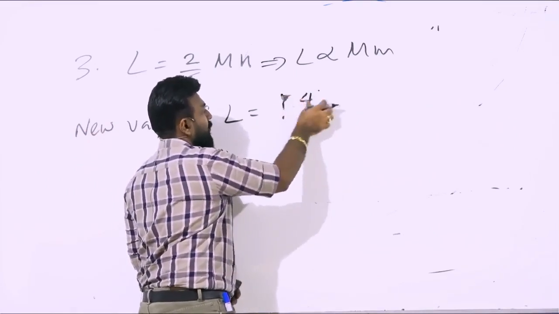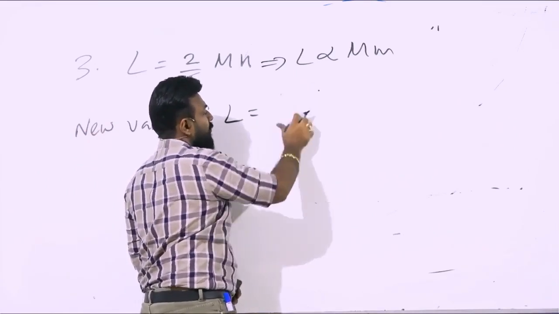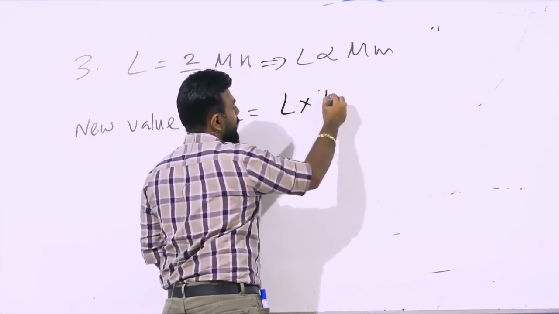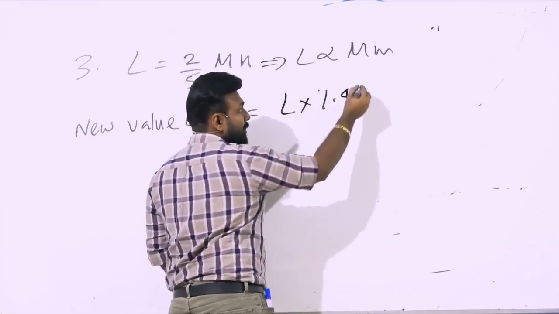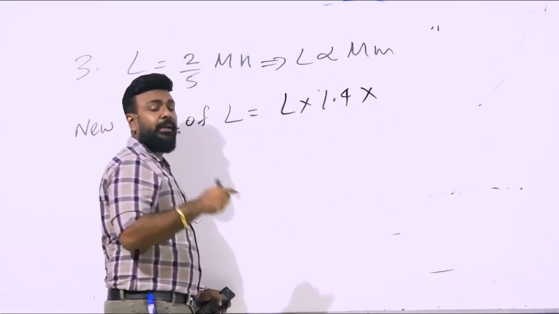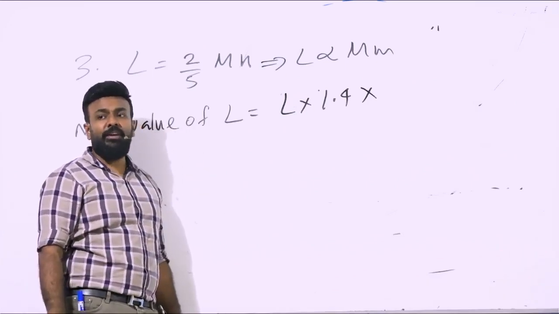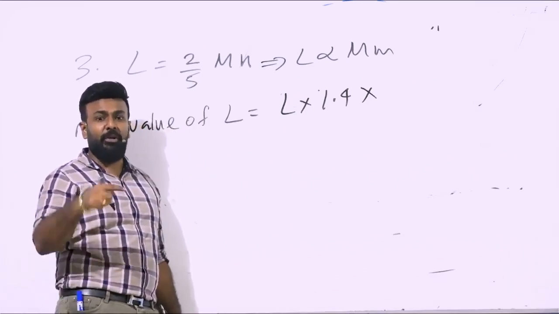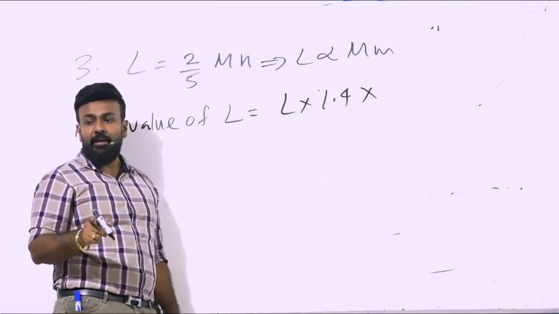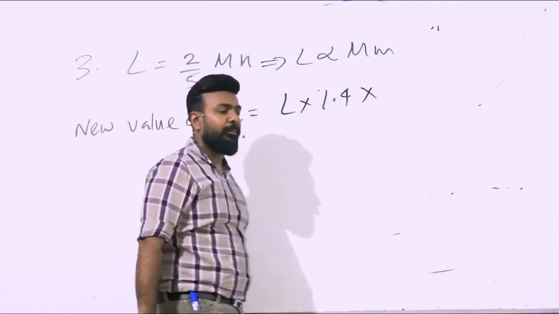So the new L is the initial value L times 1.4 into m decreased by 30. Now what? Did you put 30% minus 40% and get 10%? It's not like that. Tell me what is the new value of n?